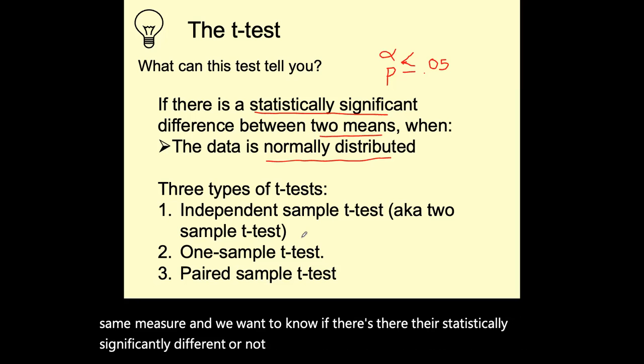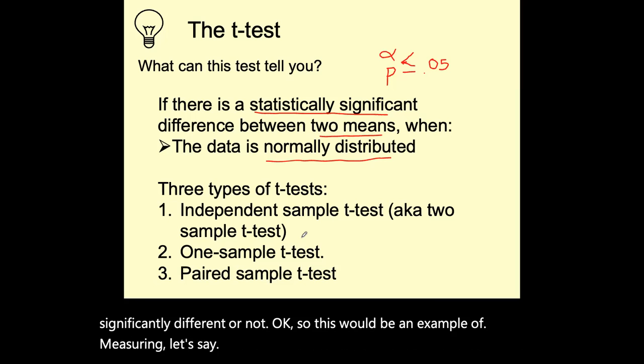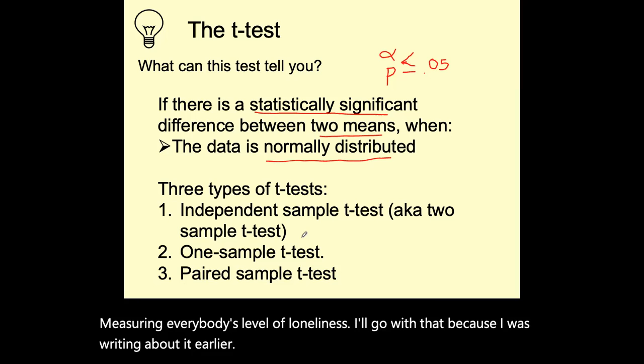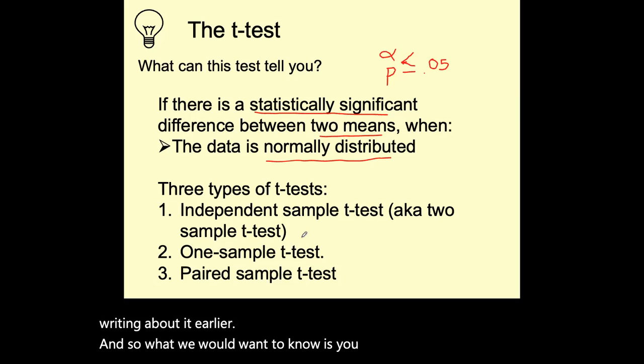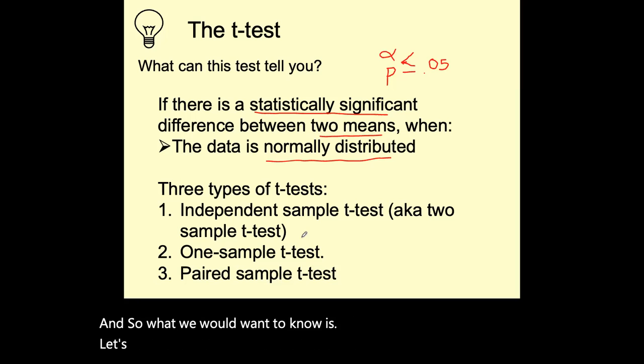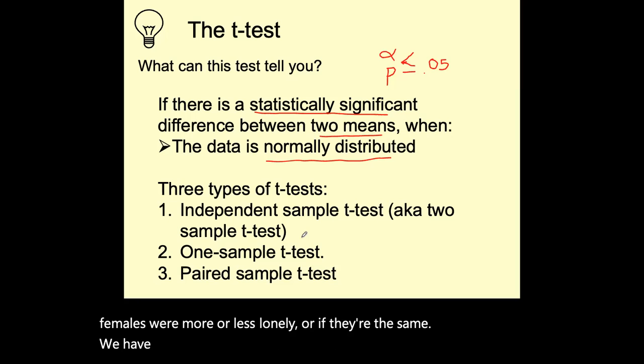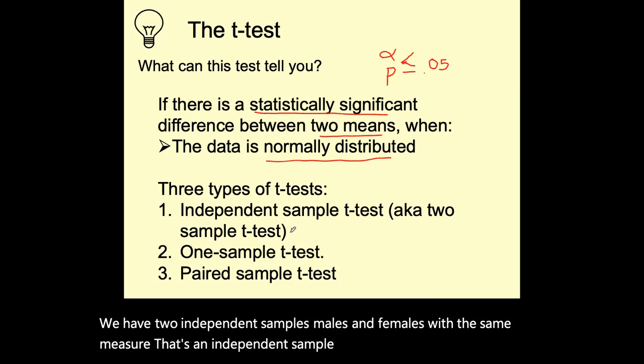So this would be an example of measuring, let's say, everybody's level of loneliness. I'll go with that because I was writing about it earlier. And so what we would want to know is, let's compare genders in the class. So we wanted to see if males or females were more or less lonely, or if they're the same. We have two independent samples, males and females, with the same measure. That's an independent samples t-test.